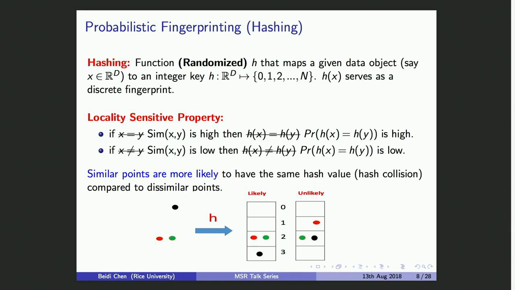What it does is, instead of randomly mapping items to another item, we do a probabilistic thing. If two vectors or items are similar to each other, you will have a higher chance to share the same hash code. And if you are not similar to each other, the colliding probability will be low.